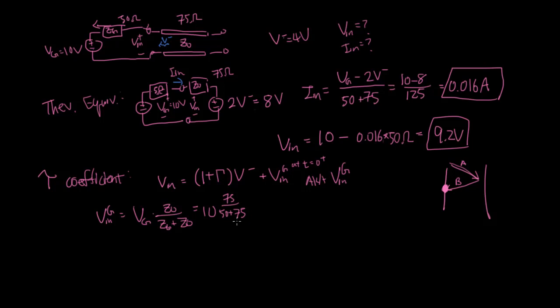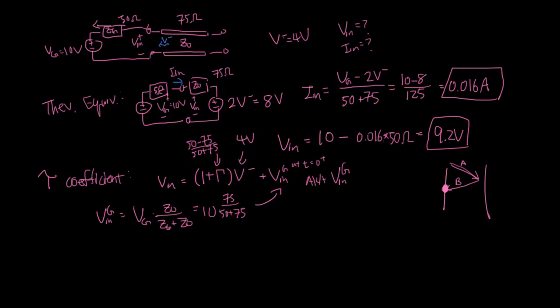So calculate that, plug it in, and then gamma is going to be new minus old over new plus old, so 50 minus 75 over 50 plus 75. And then this V minus is the 4 volts that we're given.